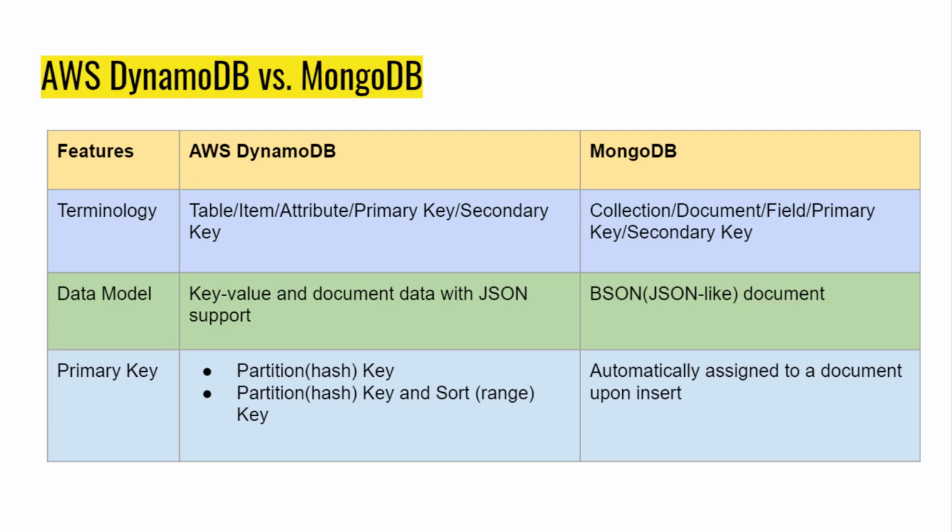DynamoDB supports 2 different kinds of primary keys. The partition key is a simple primary key, or the composed primary key with a partition key and the sort key. MongoDB, on the other hand, automatically assigns the primary key to a document upon insert.